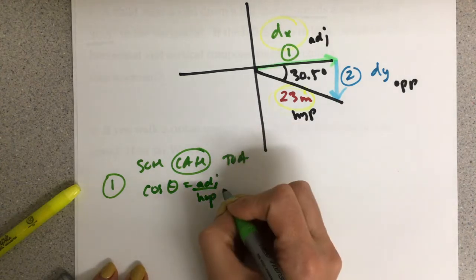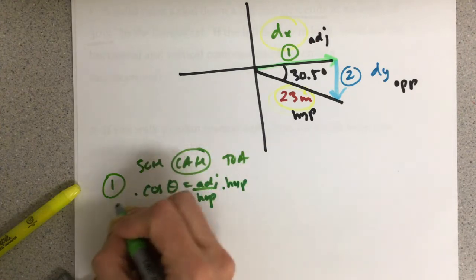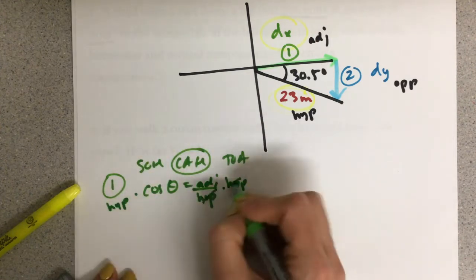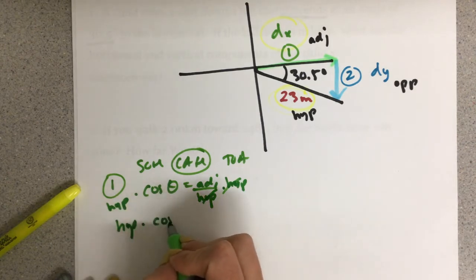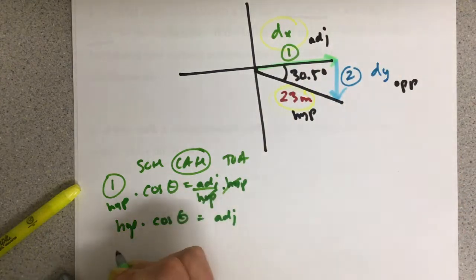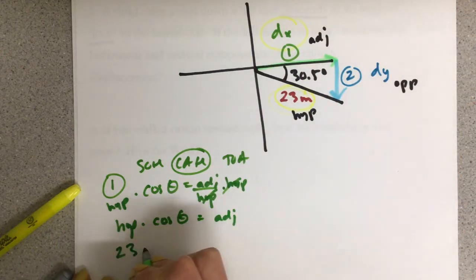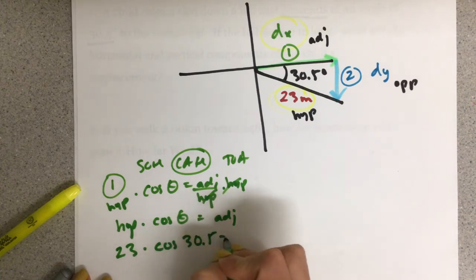I want to get adjacent by itself, so hypotenuse, these cancel. So the hypotenuse times the cosine of theta is going to give me the adjacent. It's going to give me this side right here. My hypotenuse is 23. My cosine and my angle is 30.5.